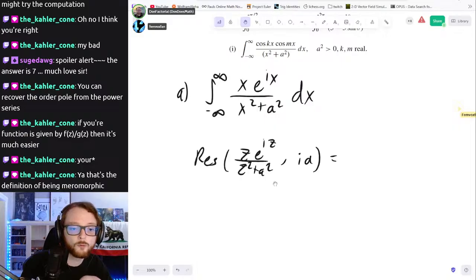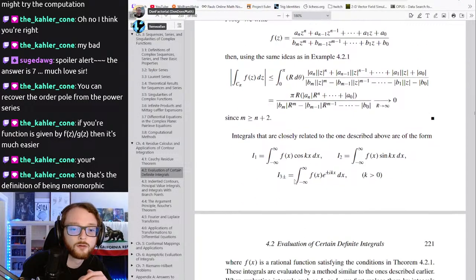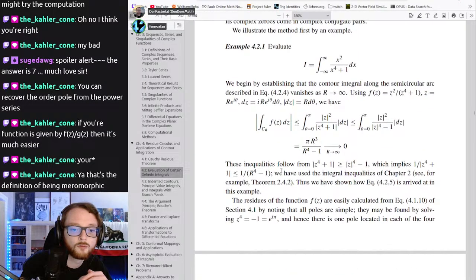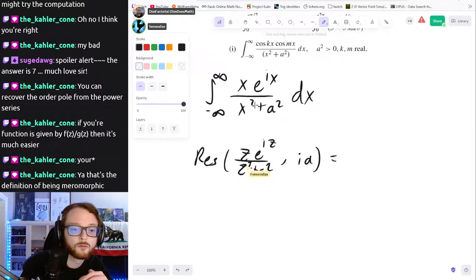So wait, when you do this, are we ignoring the bad part of the denominator? No, you don't have to. You just take the derivative, change it into 2z, and then plug in this everywhere, and it just works. It's like magic. I've got to think about this stuff some more.